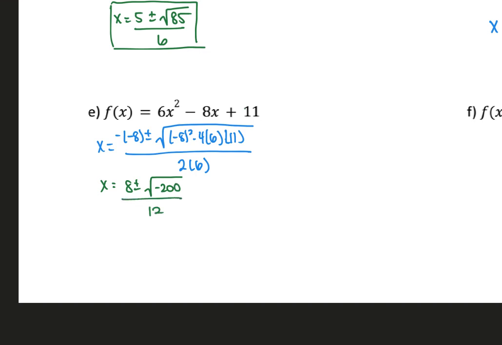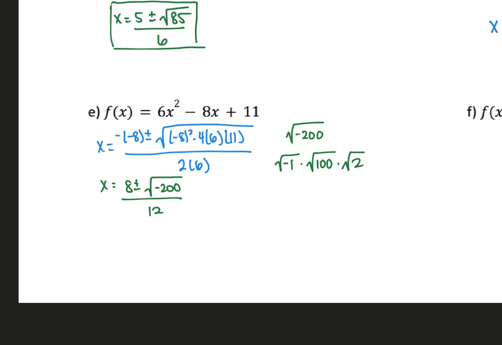Now we need to simplify our radical. Well, I know that there's a negative, so there's going to be a square root of negative 1. And a perfect square that goes into 200 is going to be 100 times 2. So negative 1 times 100 times 2 gives me negative 200.